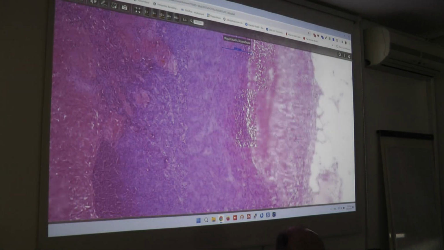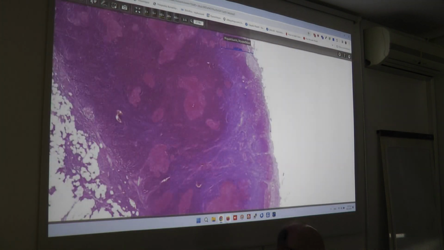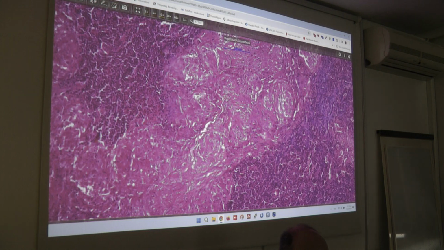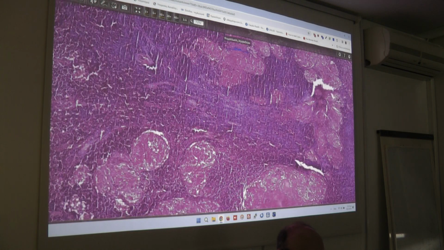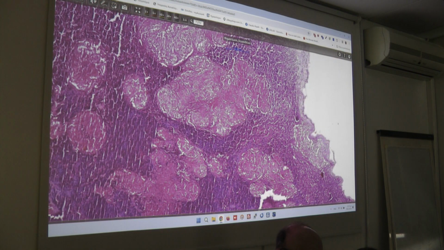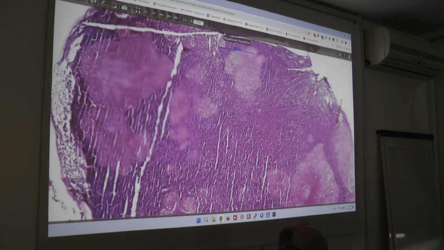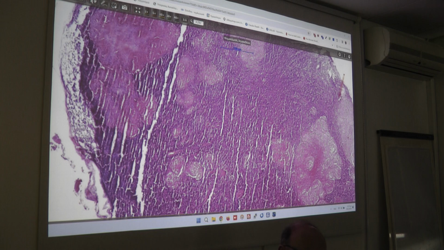Are there any such cells? Let's have a look and see if we can pick one of them. No, not here. All right, perhaps we'll have a closer look. So if we see this sort of granulomatous lymphadenitis, we must have a specific stain.